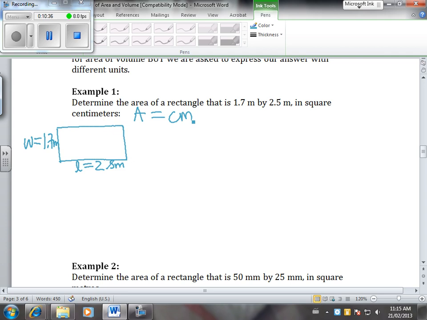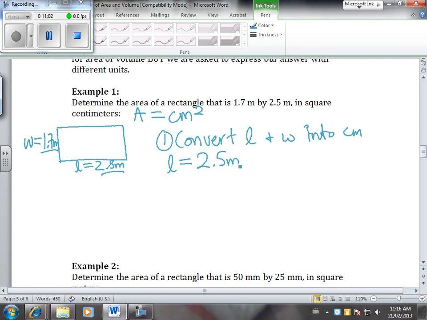in centimeters squared. So first we have to convert our width and length from meters into centimeters. So we'll do our length equals 2.5 meters, and we know there are how many centimeters in a meter?